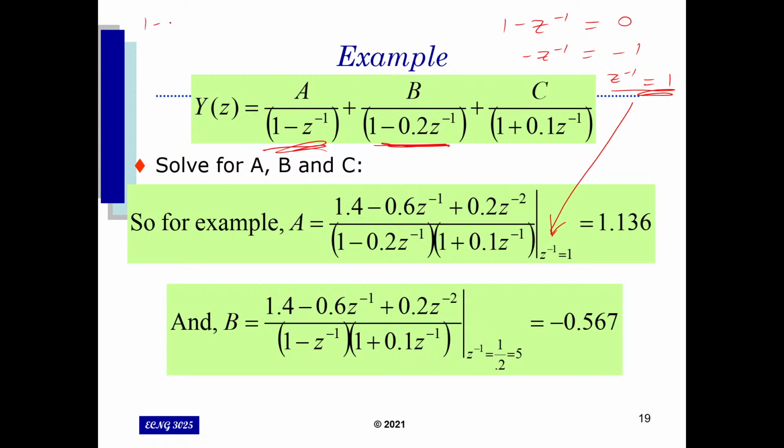So we say 1 minus 0.2 z to the minus 1 is equal to 0. So z to the minus 1 here is 1 divided by 0.2, which is 5. And then we just substitute that in here. And that's how we're able to solve for B as well.